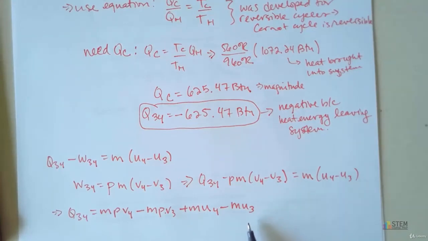Now, if you look at this equation and look at just the like state terms, so let's look at the 3 subscripts. We have mass times U3, and then we have mass times PV3.